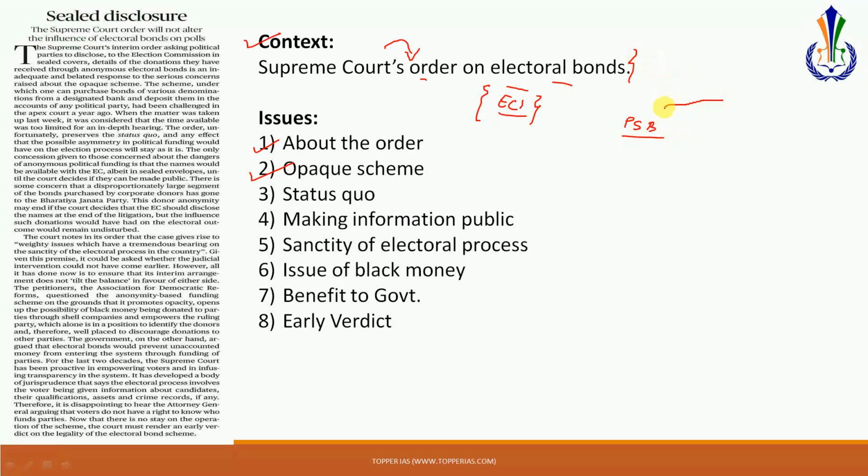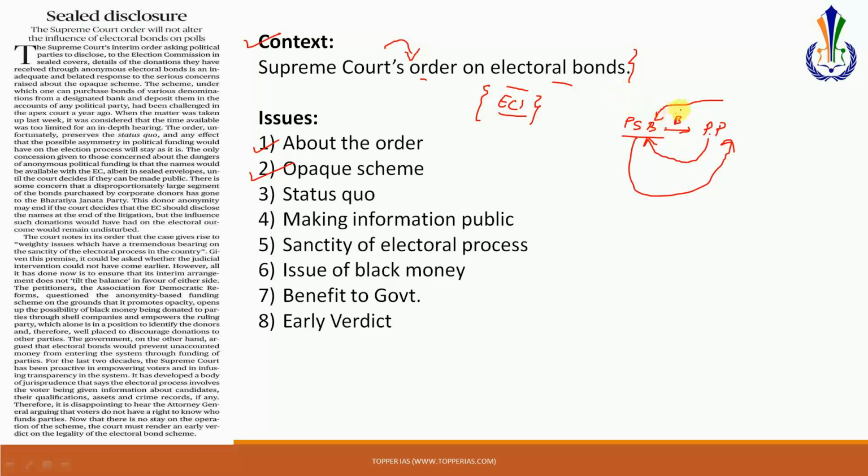So a person will go to these banks and buy electoral bonds worth any amount of money that he wants to donate. Then once these bonds are purchased, they are given to a political party. Then this political party goes back to the bank, and the bank takes the bond back and gives the money to the political party. So this is the system of electoral donation.